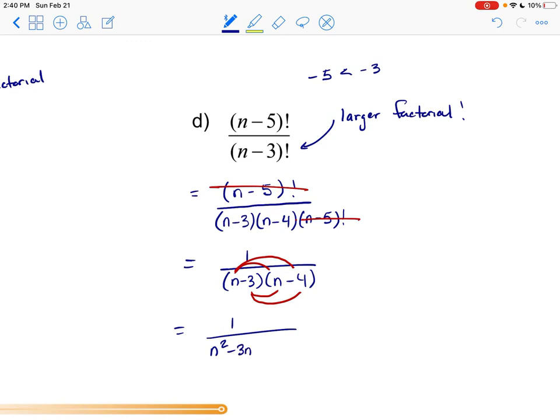These are inside terms. Our outside terms will be minus 4n. And then our last terms are going to be minus 3 times minus 4 is plus 12. So that's all equal to 1 over n squared minus 7n plus 12. So a little bit more algebra on that one, but simplifying the factorials does not change.